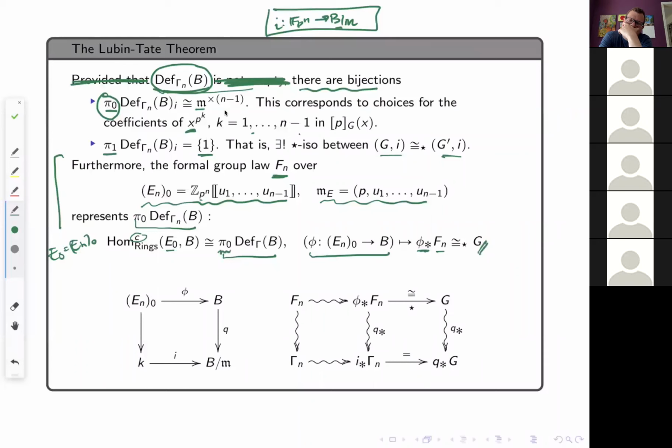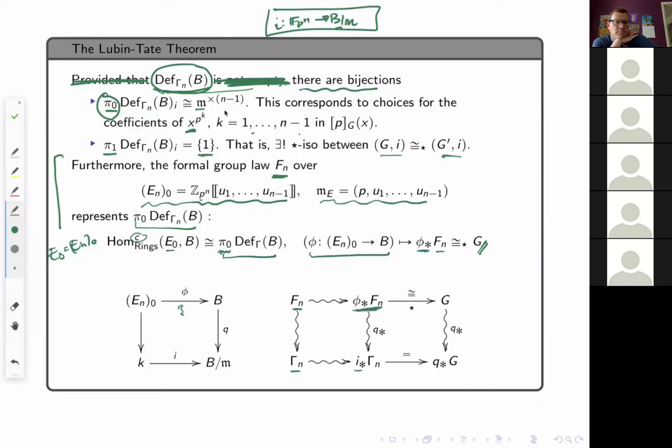So in diagrams, I've got my homomorphism of rings, and I've got my universal deformation, which sits over gamma n. If I apply phi to the coefficients, I get a diagram like this: phi star of Fn.